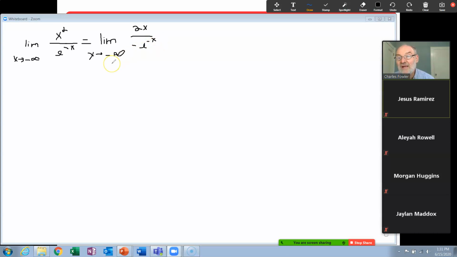Okay, so now let's take that as x goes to negative infinity. Well, 2 times negative infinity is still negative infinity. Twice as fast, but it's going there. Minus e to the minus x: remember, e to the minus x is going to positive infinity. You negate that, it's going to negative infinity too. Hey, we're back to the same place we were before, only rather than positive infinities, they're negative infinities.